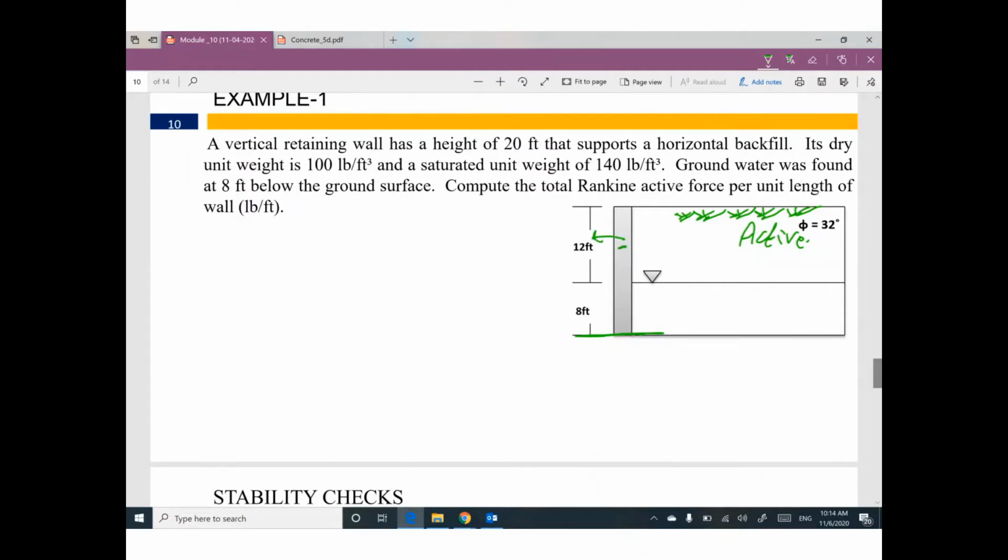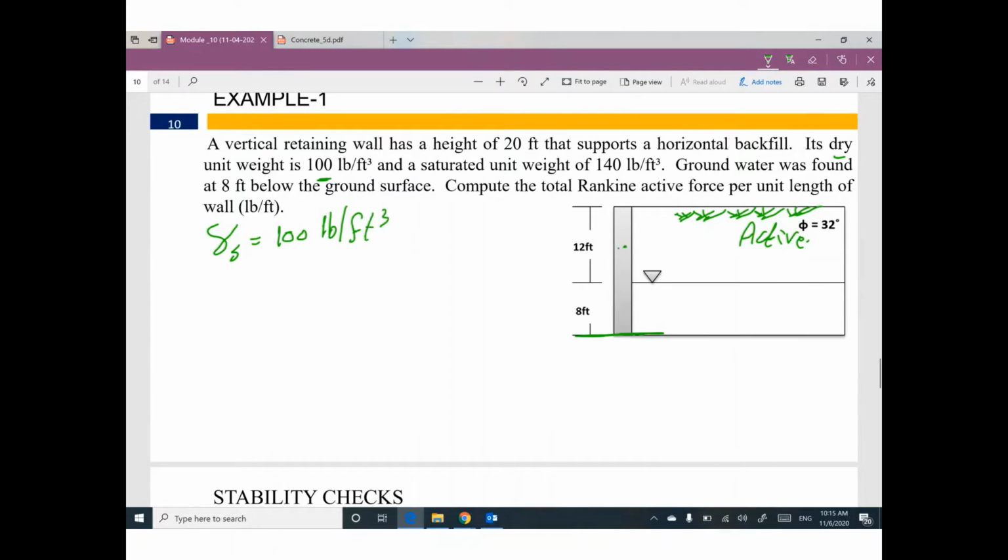Okay? We need to figure out the lateral pressure. Gamma of soil is given, I think. Dry unit weight density is given, 100 pounds per cubic feet.